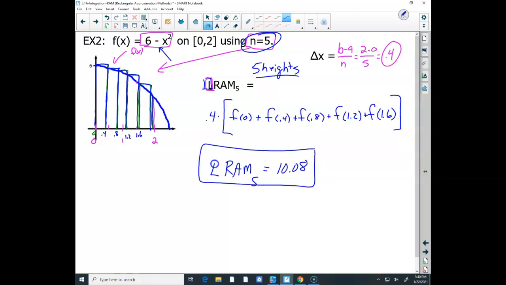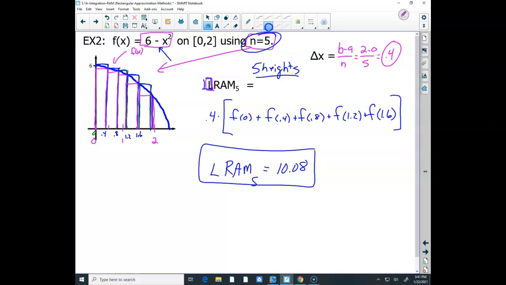Okay, so now I'm going to be finding the right RAM in the next problem. Well, just for the ease of looking at things, if I'm using my right endpoint now, that would be using 0.4 for the first height of my rectangle, and I'll find that one, and then I'll use my right endpoint in this interval to find that one, and my right endpoint again to find that one, and again to find that one.